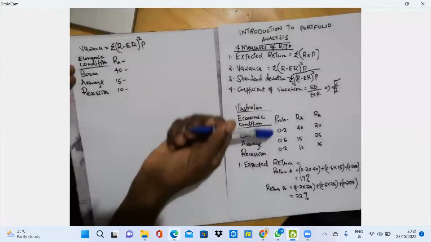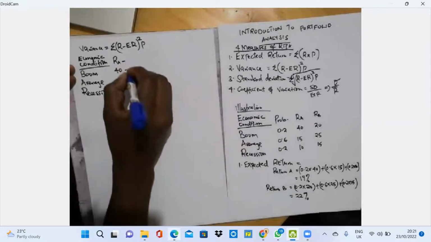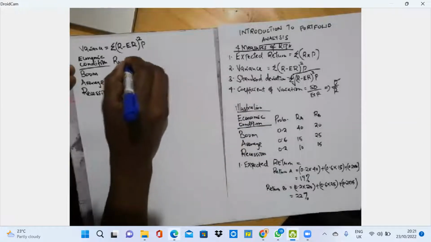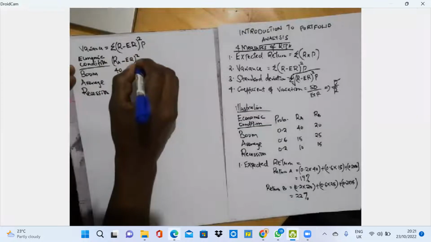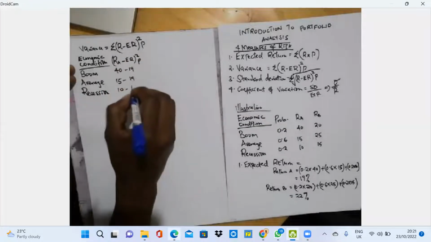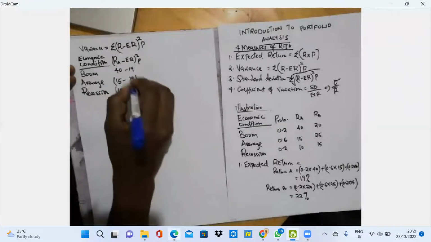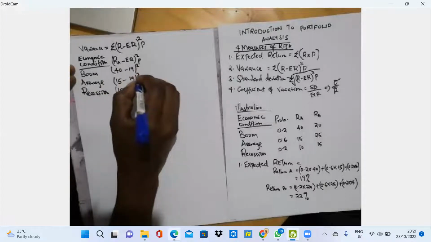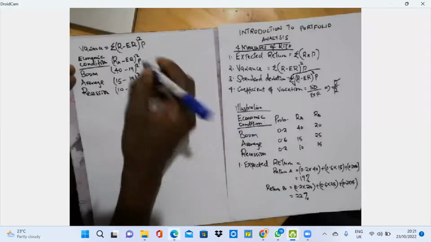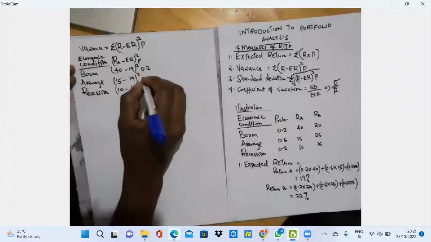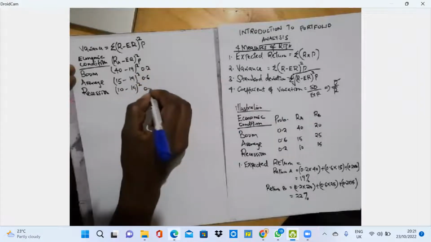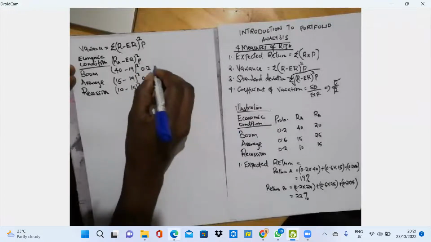You minus expected return of A, which was 19, then we square, multiply by probability, which is 0.2, 0.6, and 0.2.